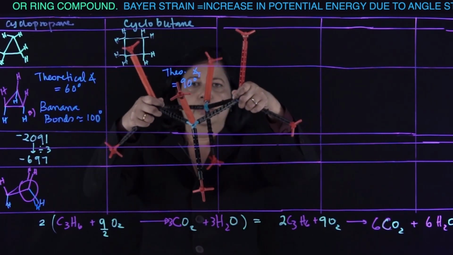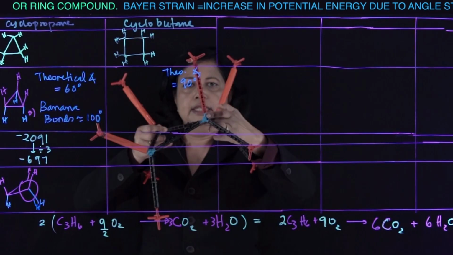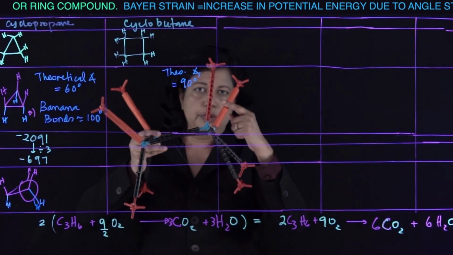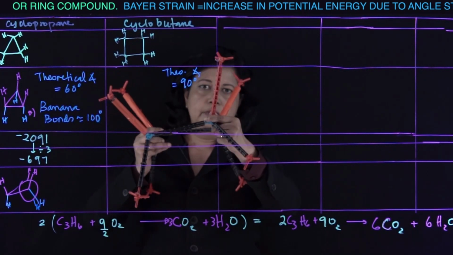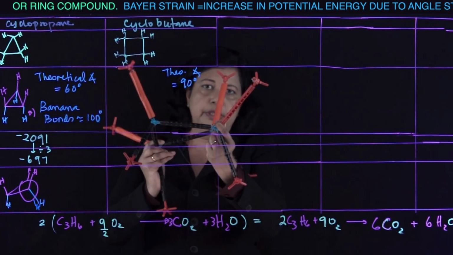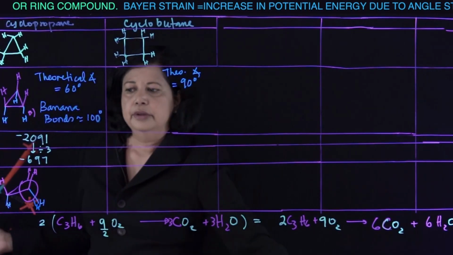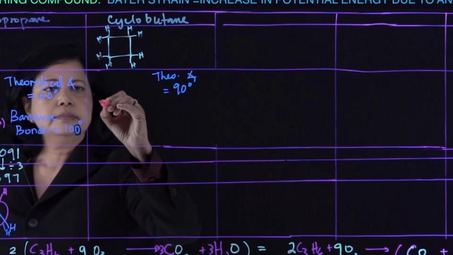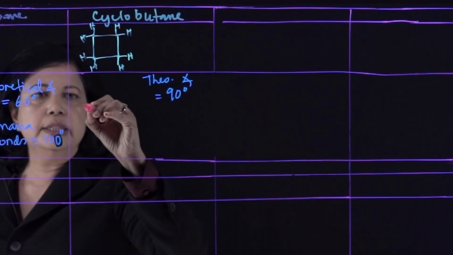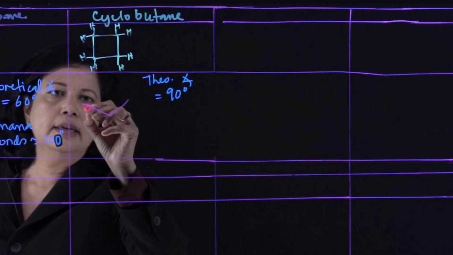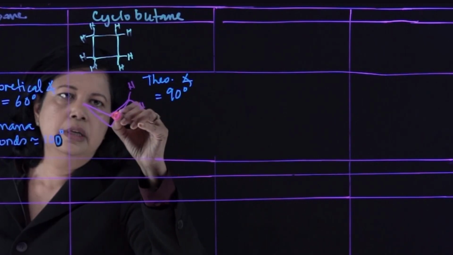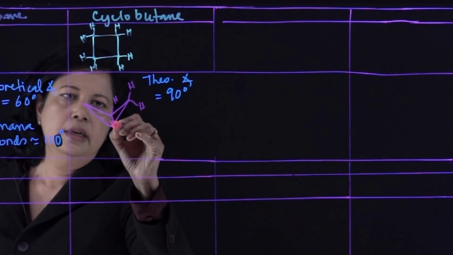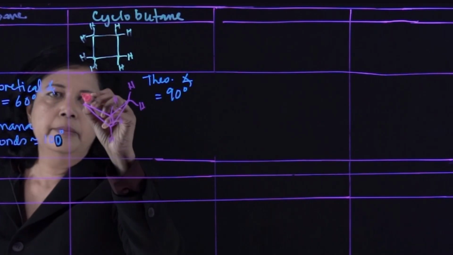It's going to be either here where it's puckered, and you can see the eclipsing here is relieved to some extent. Even though it's not fully staggered, it's somewhat staggered. And then when it goes in the other direction also, it's going to be staggered. All right, so over here, we can draw this out like this. So here's your hydrogen, hydrogen, hydrogen, and hydrogens here.